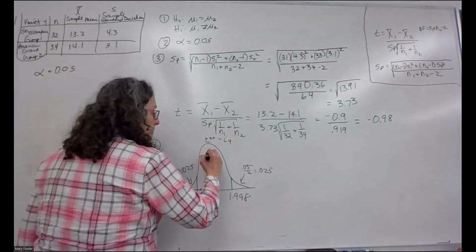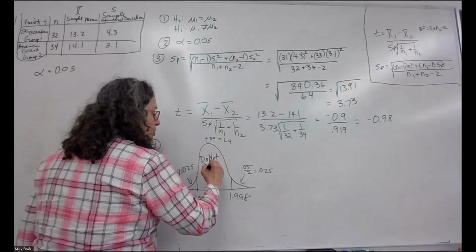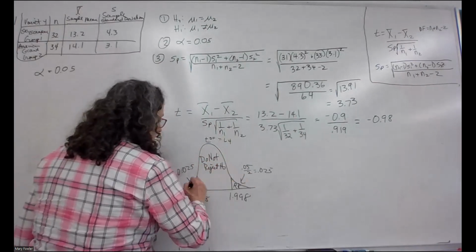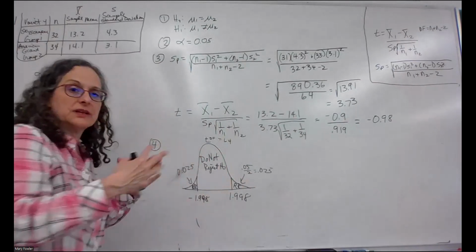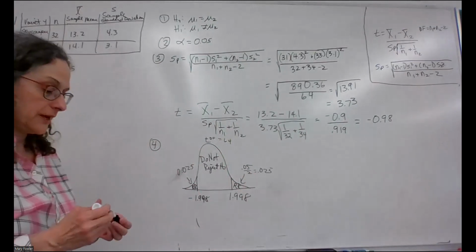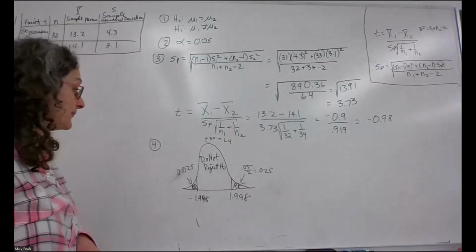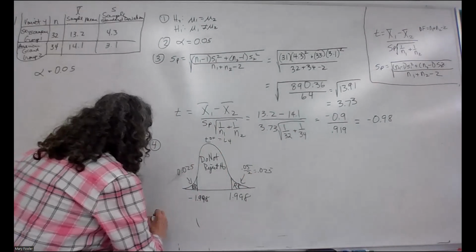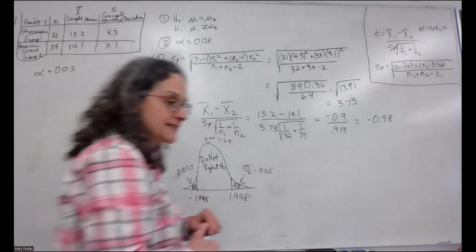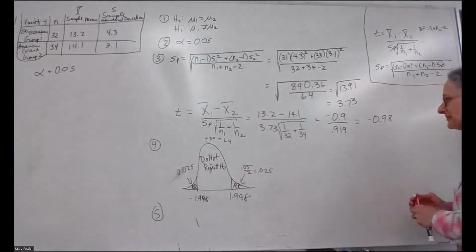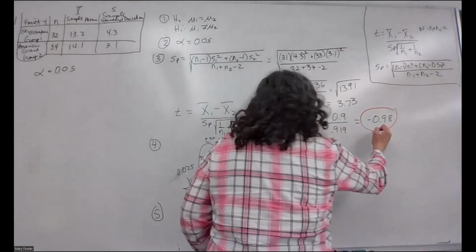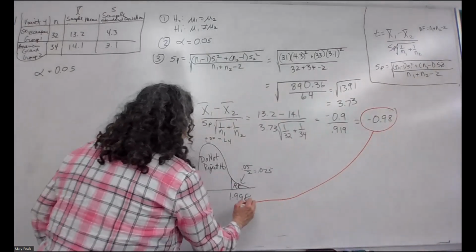So this big region is the do not reject H naught region. And these two are our rejection region. So together they make 5%. That's the rejection region. Okay, great. So that's step 4. And in step 5, we want to take the test statistic and graph it on the graph from step 4.